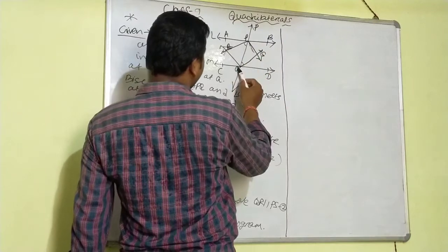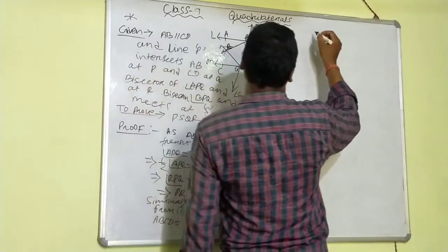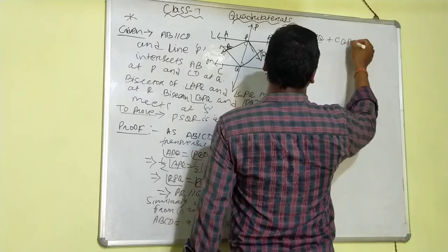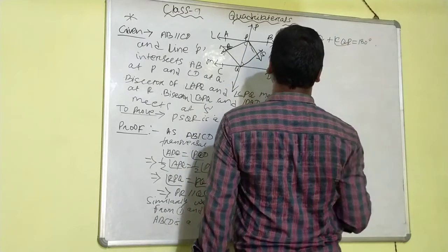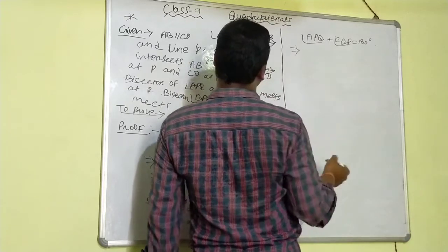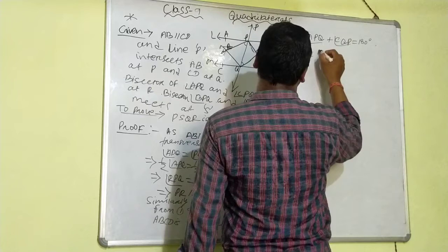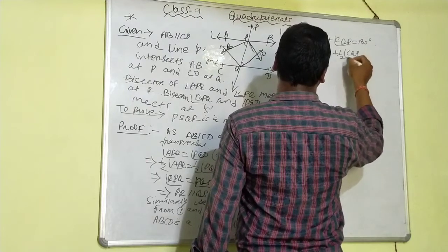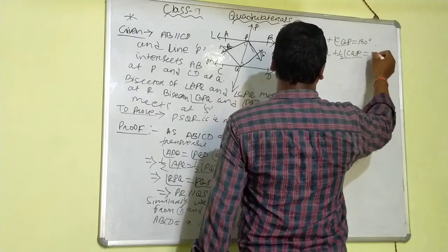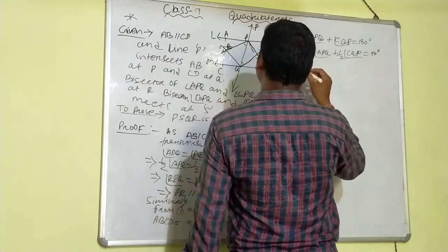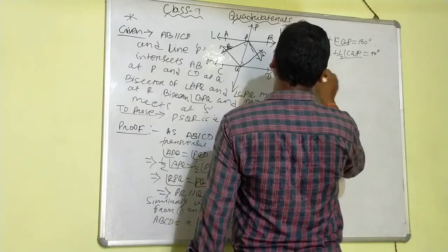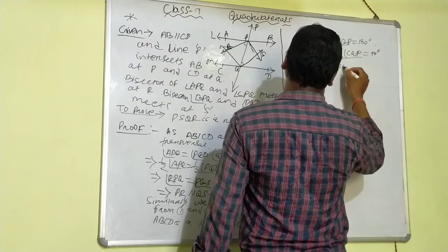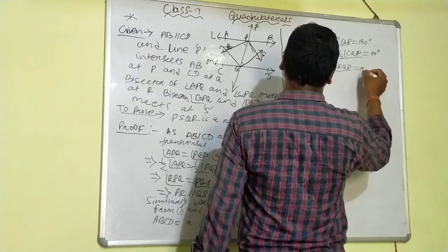So we can write angle APQ plus angle CQP equals 180 degrees. Now take half on both sides: half of APQ plus half of CQP equals 90 degrees. Half of APQ is RPQ and half of CQP is RQP. This is 90 degrees.